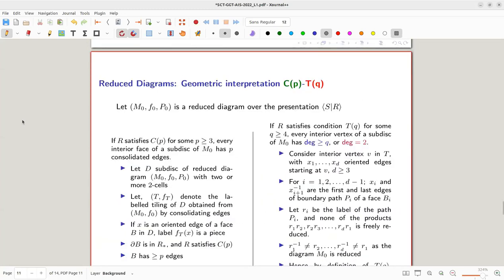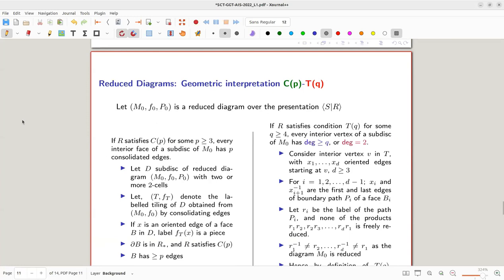Now you start with a presentation, S and R, and R satisfies TQ for some Q greater than or equal to 4. And suppose every interior vertex of a subdisk, you take a subdisk in M naught. I think the main reason for taking an interior vertex of a subdisk is that otherwise you can have exterior vertices, but it's not a big deal.